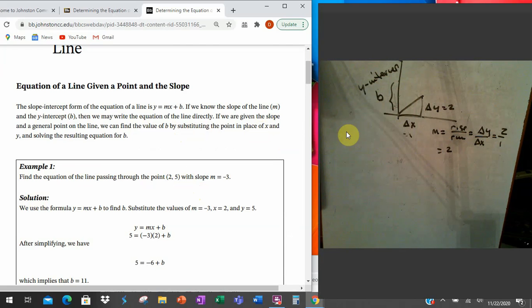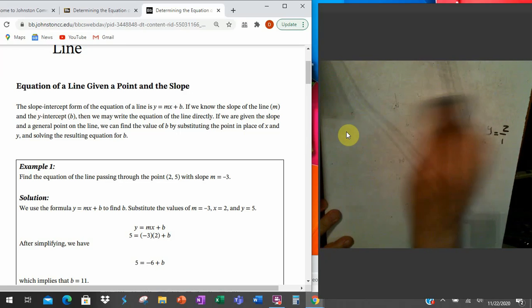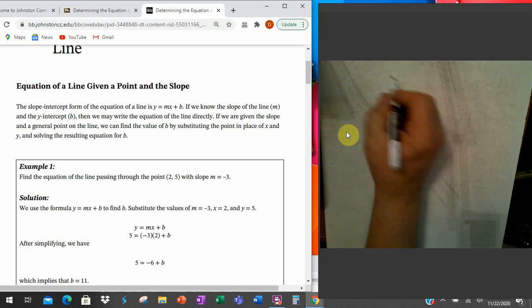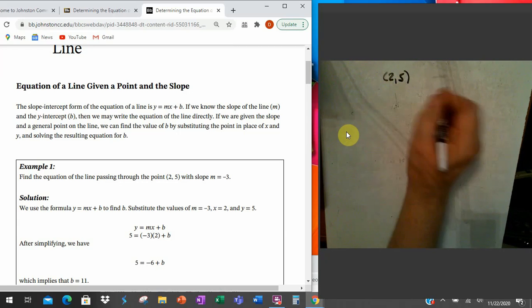Okay. So example 1 says find the equation of the line passing through the point 2, 5 with slope m is equal to -3. So we're not given the b-intercept directly, but we're going to be able to work backwards and find that. But we are given a point that it goes through. It goes through 2, 5, and my slope is -3.